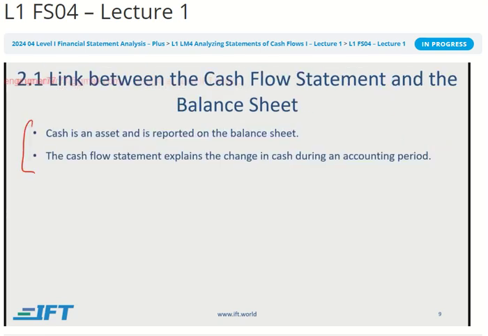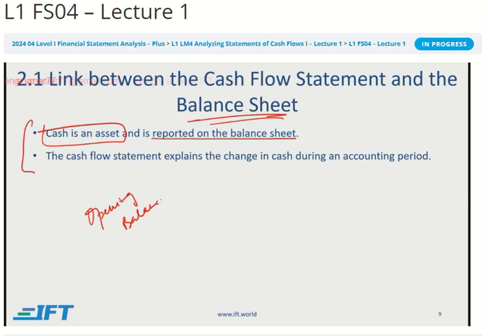So as far as the balance sheet is concerned, of course, cash is an asset which is reported on the balance sheet. Now you will have your opening balance for that, right? Let's say we're looking at the balance sheet of a given date. It will show a cash balance of, let's say as of December 2022, $50 million.